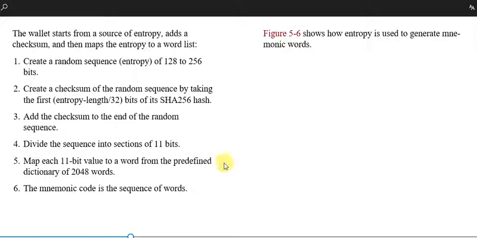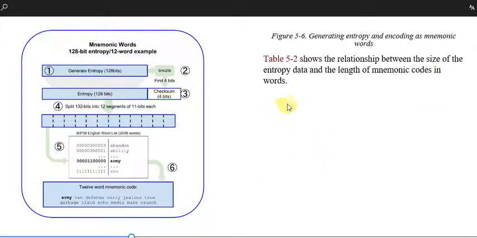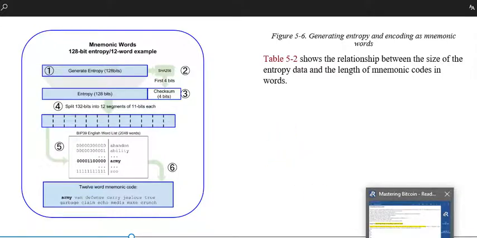Map each 11-bit value to a word from the predefined dictionary of 2048 words. The mnemonic code is the sequence of words. Figure 5-6 shows how entropy is used to generate mnemonic words. Figure 5-6. Generating entropy and encoding as mnemonic words.